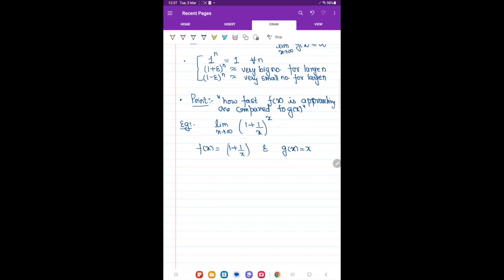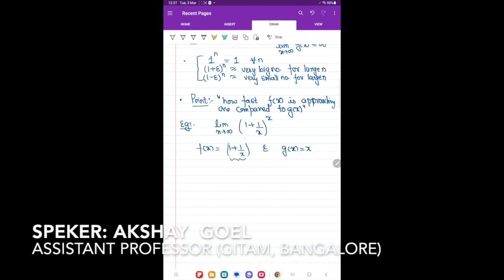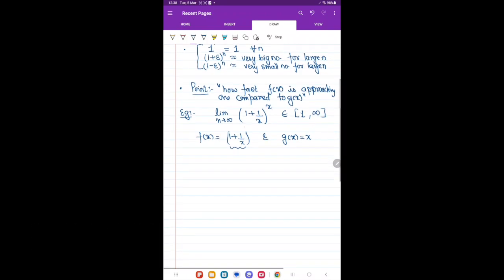I just want to see what is happening here. First of all, f of x is approaching 1 from the right hand side. That means this quantity is always greater than 1, so it cannot go below 1 for sure. So its value will always be between 1 and infinity. We'll see what happens to this limit.